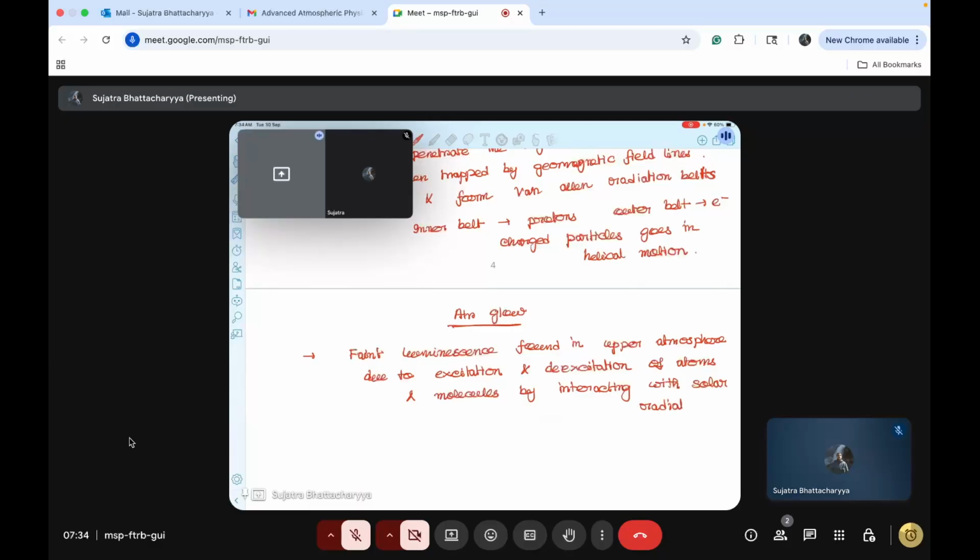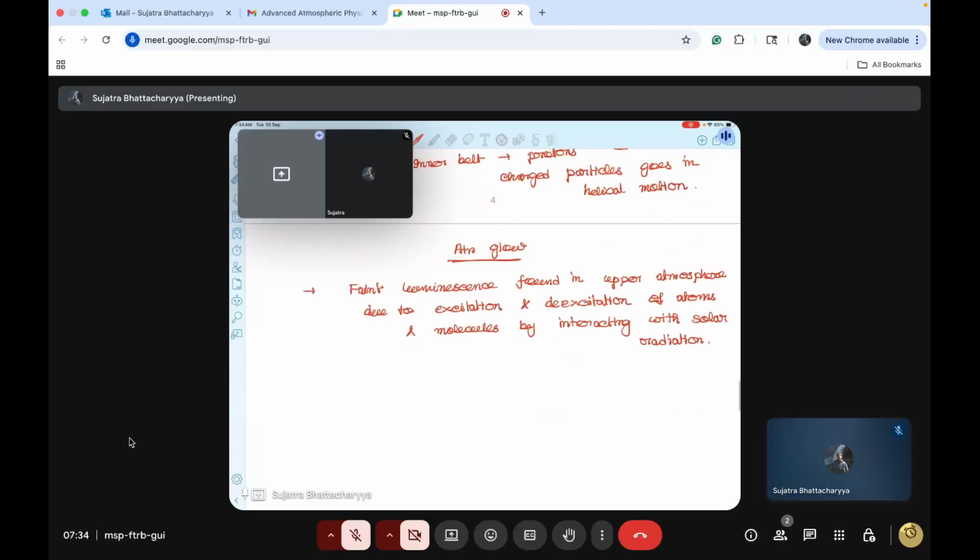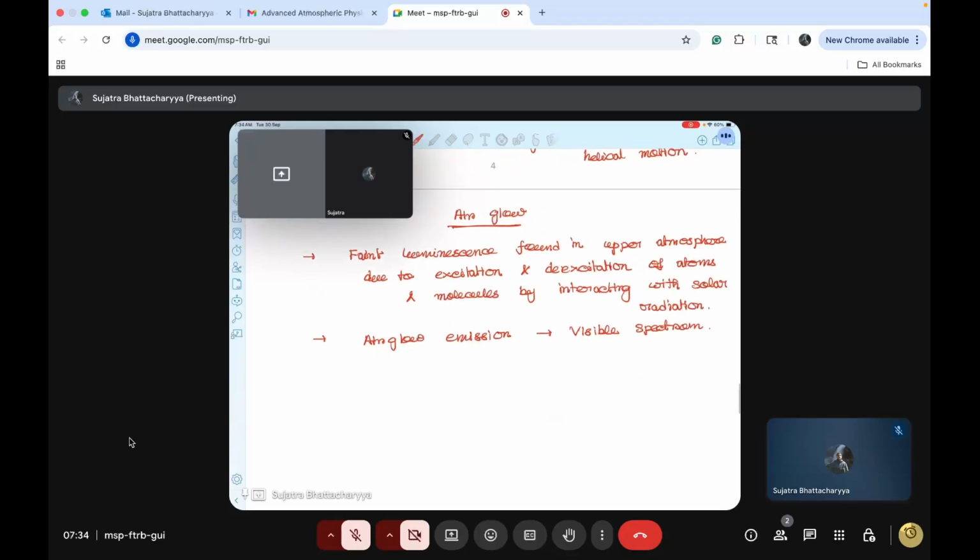This is the general definition of airglow. Remember, this airglow emission occurs in the visible spectrum. Okay, there are a few processes which result in this kind of airglow, or we see these visible wavelengths, because if you are seeing some light, that means some wavelengths are coming, right? So there are two processes.